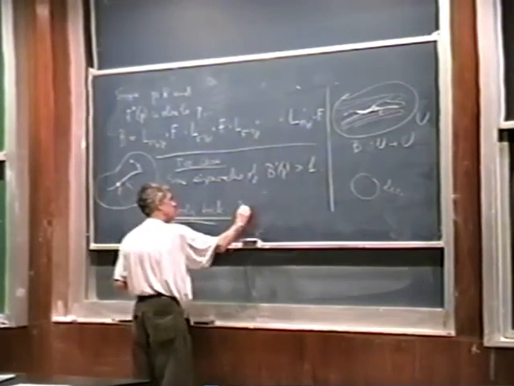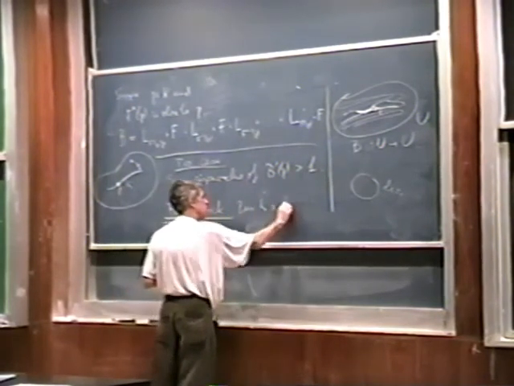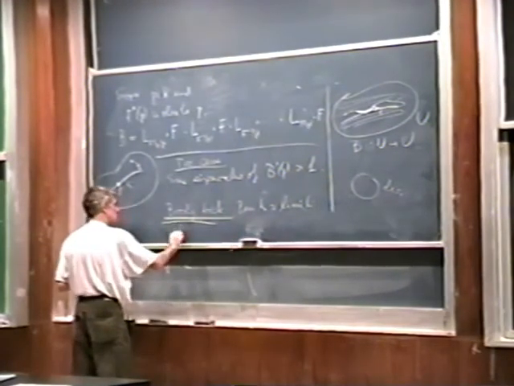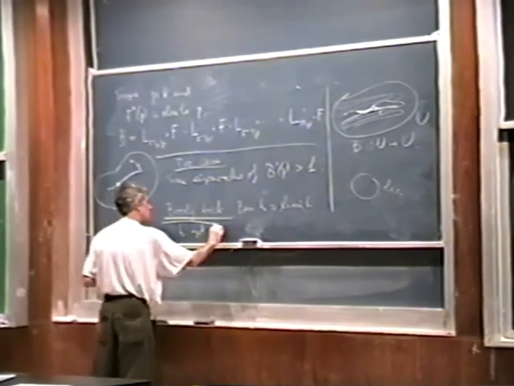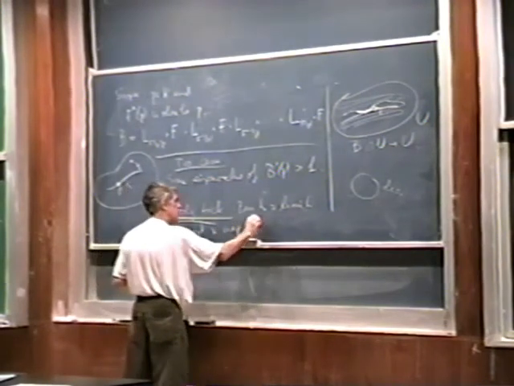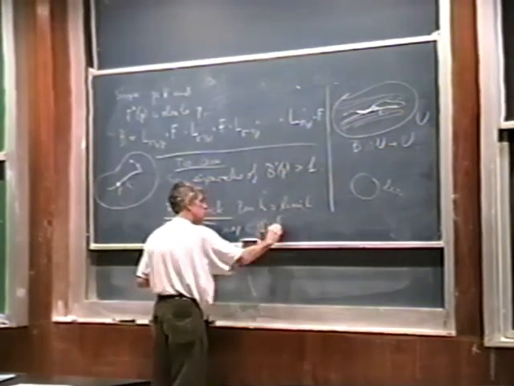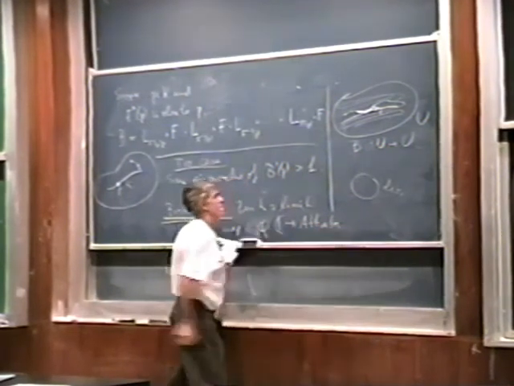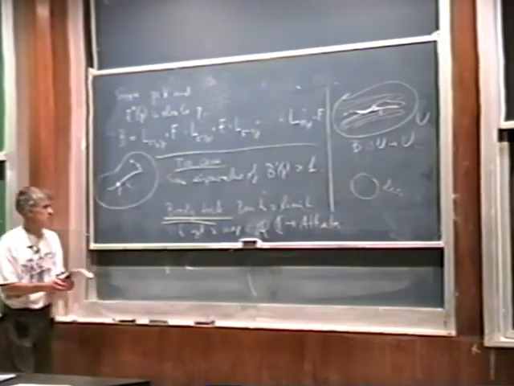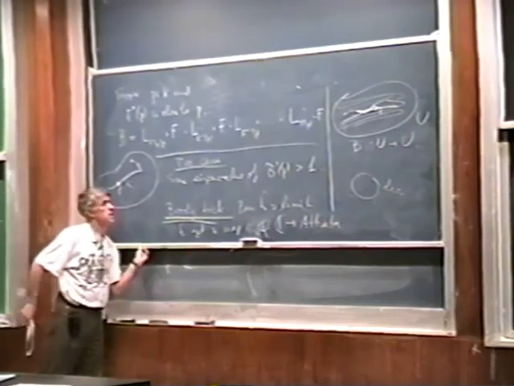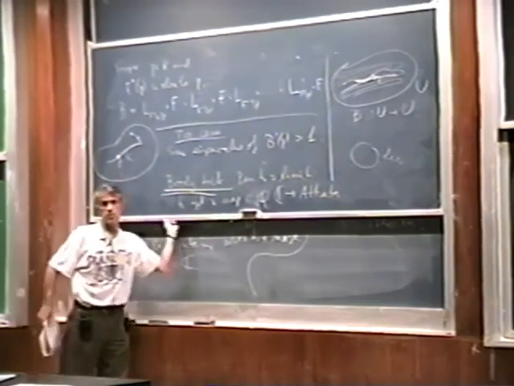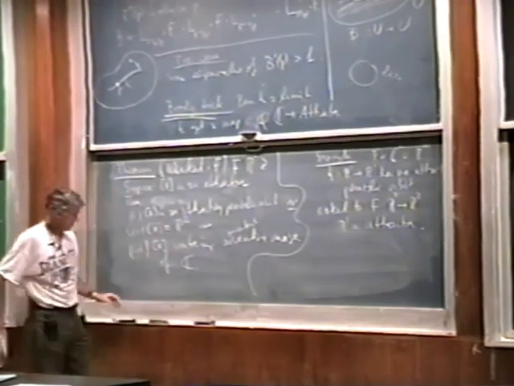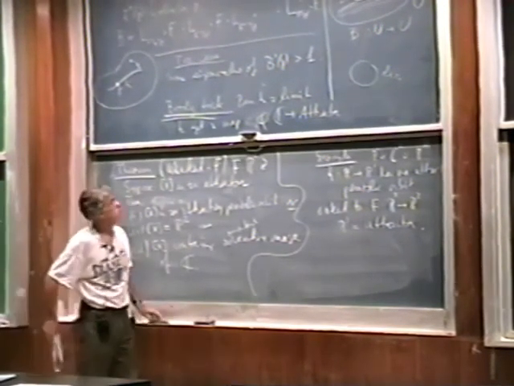Pass to a limit to get a map phi from C to the attractor. That means you have to do some rescaling and so on, but never mind. There is a way to pass to a limit if you have a sequence of copies of C. And that gives you a copy of C, and it will be in the limit in the attractor.